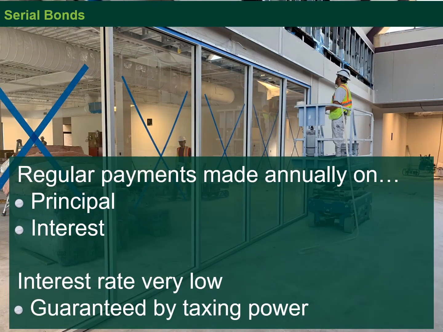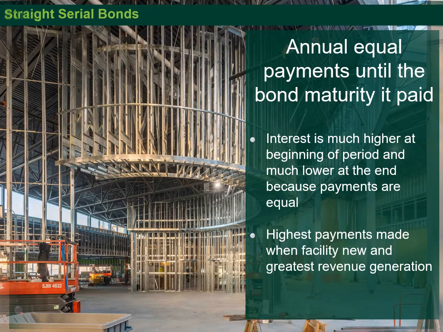So, a serial bond is where regular payments are made annually on the principal and the interest. The interest rate is generally very low and it's guaranteed by the taxing authority, so to speak. This usually works much like a home loan where you've got payments that are equal across the board until it's paid off.